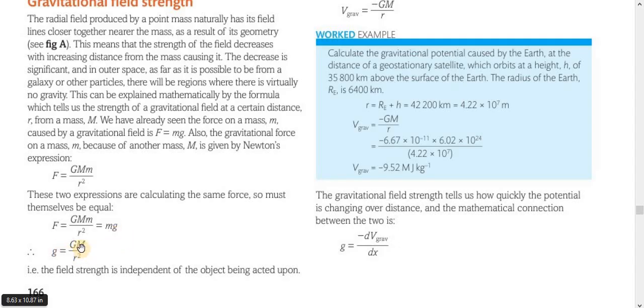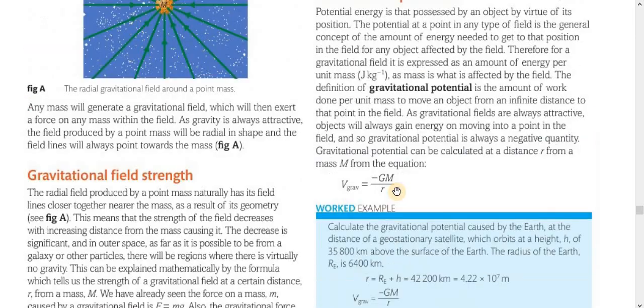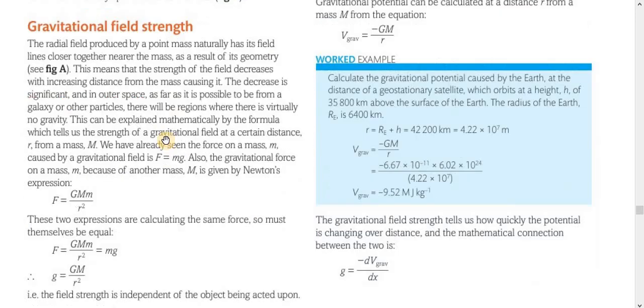It depends on the mass of the earth in this example. So it is the earth which is exerting the gravitational force on the moon. So the gravitational field strength depends on the earth, not on the moon. That's what it means: it is independent of the object being acted upon, but it depends on the object that is causing that force. So that is about gravitational field strength.